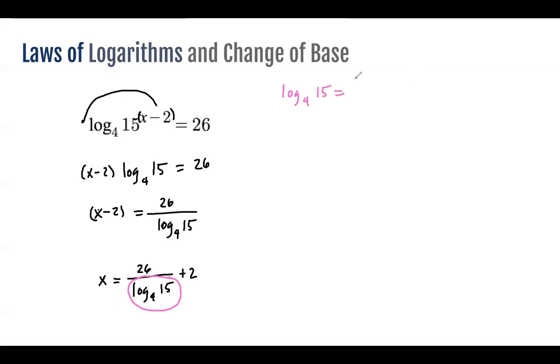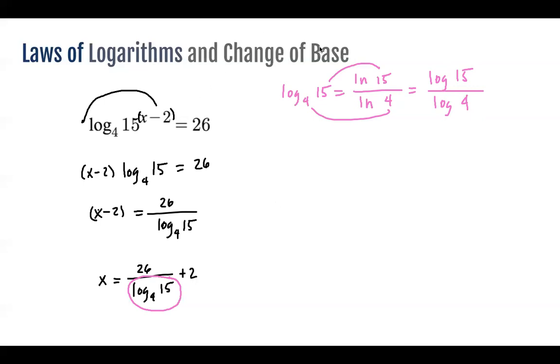You could use the natural logarithm if you want, both here and here. The 15 ends up over here and the 4 down here. Or you could use the common logarithm, that's also an option. The 15 would still be here, and the 4 would be inside of this logarithm. Both are equivalent to the one that we have there.